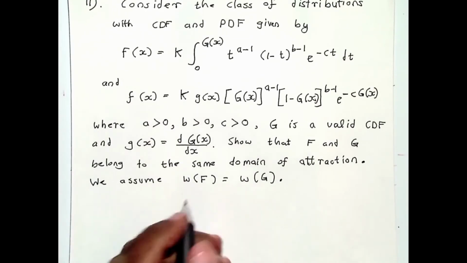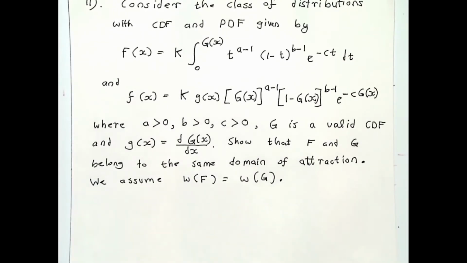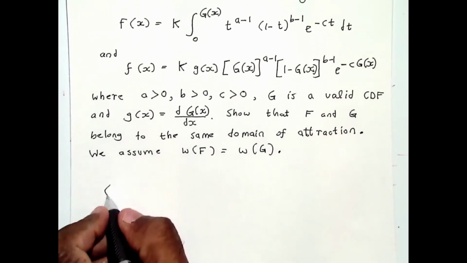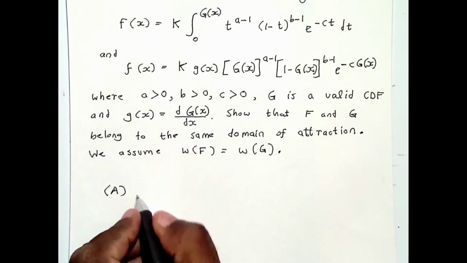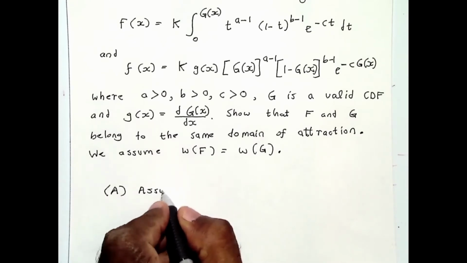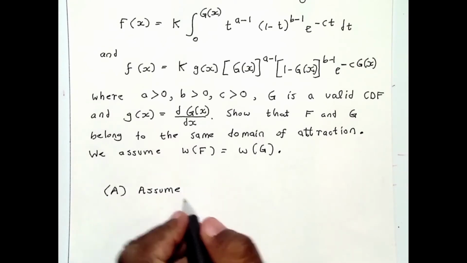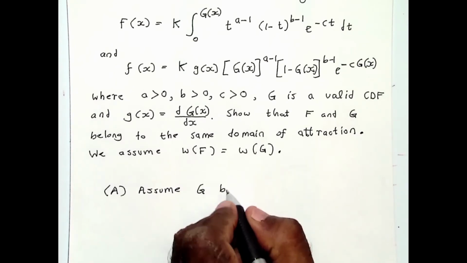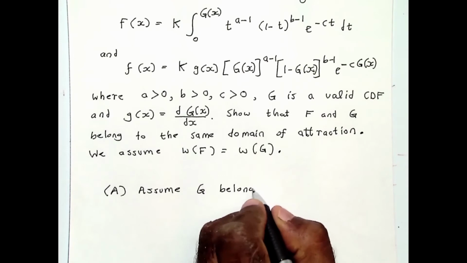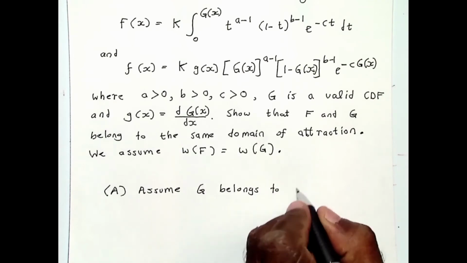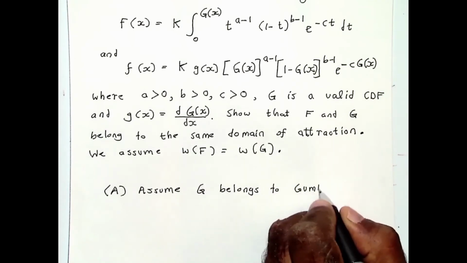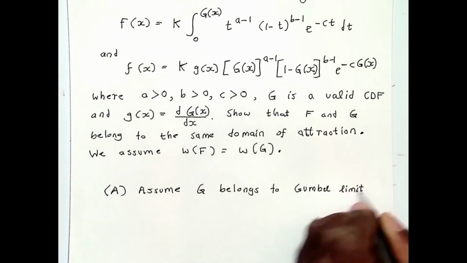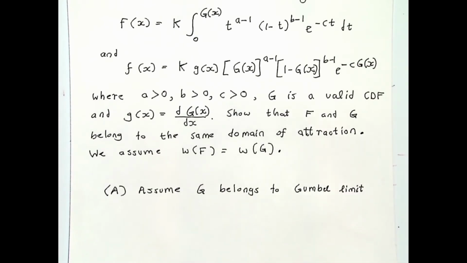All right, to answer questions like this, you need to show three different things. Part A is to assume that G belongs to, remember, there can be three possible limits: Gumbel, Frechet, or Weibull.